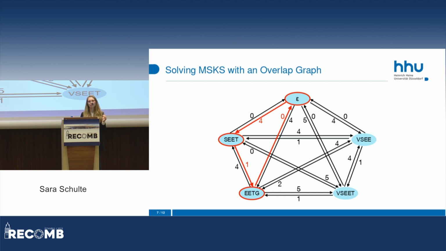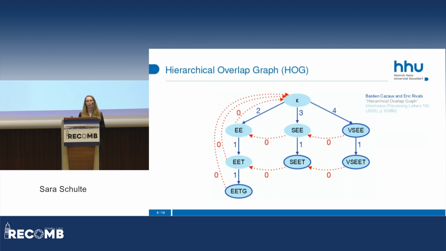But now we have a fully connected graph, right? And especially in our case, where we're dealing with hundreds or thousands of peptides, this graph exceeds our given memory quickly.